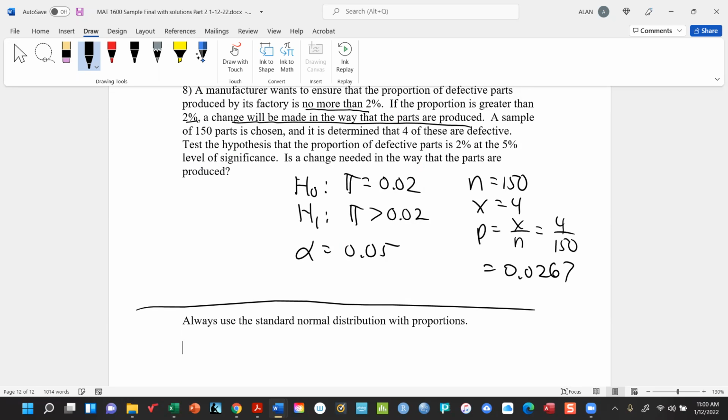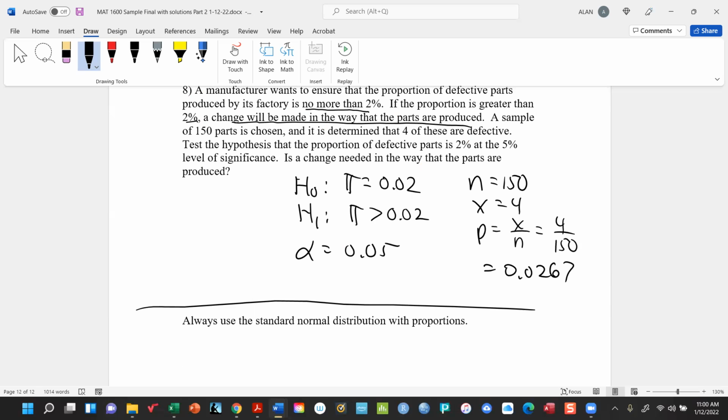Now, in this case, they want to know if the proportion of defective parts is more than 2%, because that is a problem. If that happens, we have to fix the way we're manufacturing this product. It's too much. Okay, it means the quality is not what it should be. So we take a sample of 150 parts, 4 are defective, which is 2.67%.